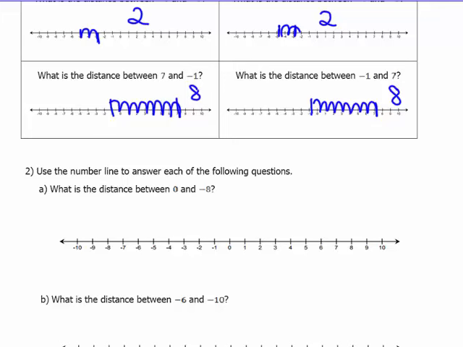So this problem, I'm going to show this one, could be written, this answer is the absolute value of 7 minus -1. So you would do the math, 7 minus -1, we know from before, would be 7 plus 1, which is how we got 8. Over here, again, if I do it in absolute value symbols, -1 minus 7.